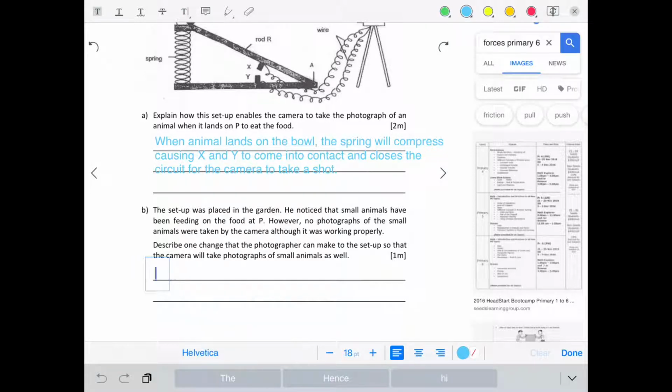So what's the reason for that? It's because the spring is too hard. So the small animals, when they land on the bowl, it doesn't cause the spring to compress.